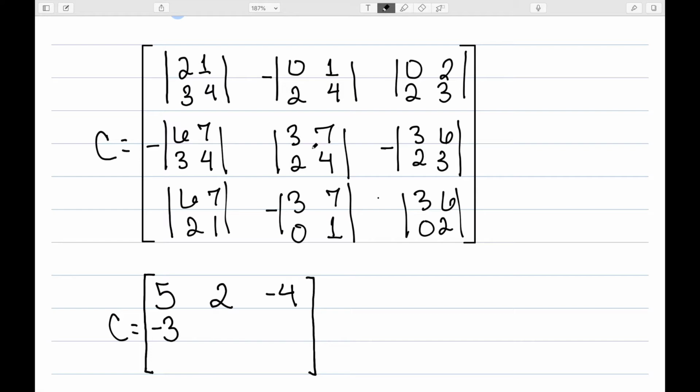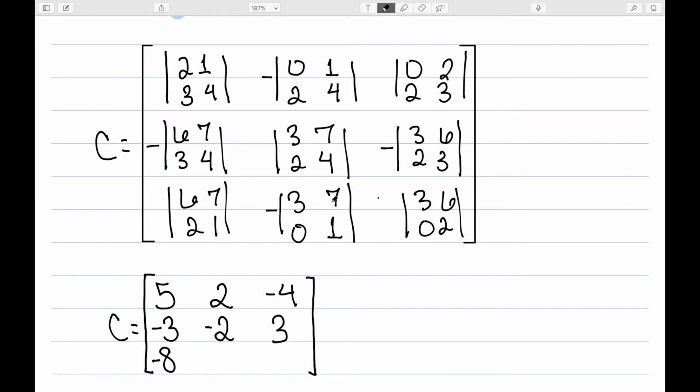This is 12 minus 14, that's -2. 9 minus 12 is -3, and we have another negative sign, so +3. This is 6 minus 14, that's -8.